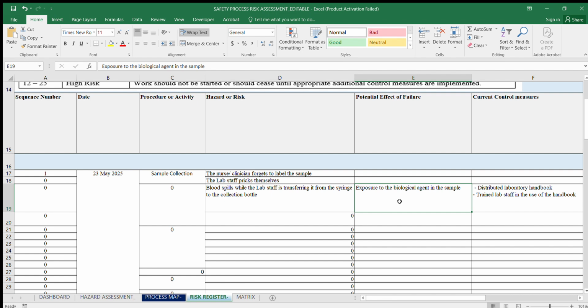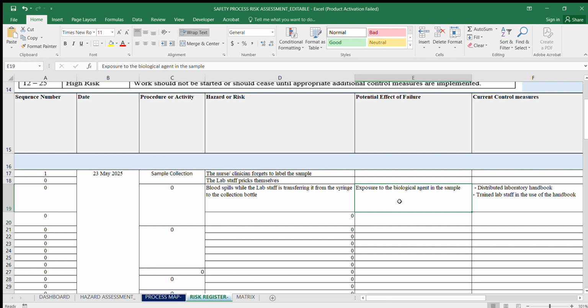So if that blood spills while you're transferring it from the syringe to the collection bottle, it means that at that point the likelihood of you getting exposed to the blood increases.